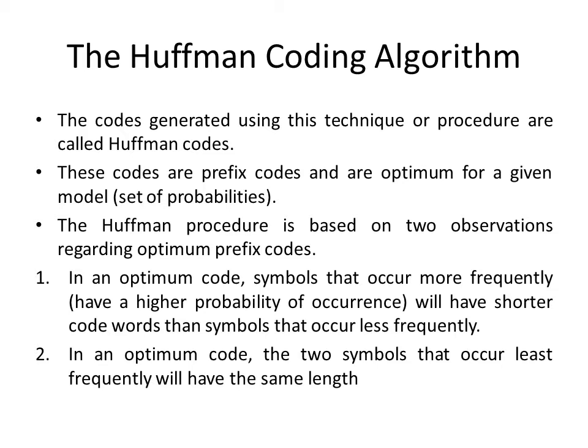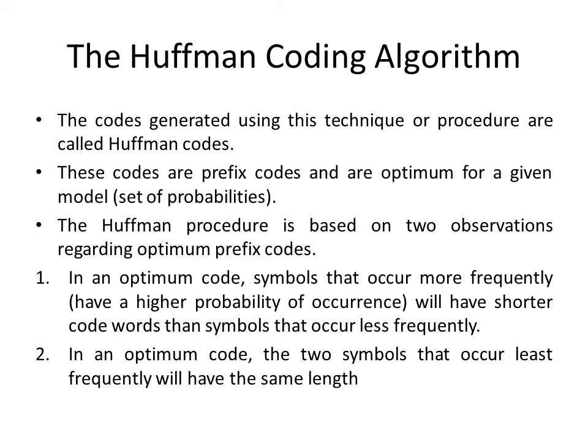It encodes each message transmitted with a different number of bits based on their probabilities. All in all, the more frequently occurring symbol is given the shortest code, and the less frequently occurring symbol is given the lengthiest code.